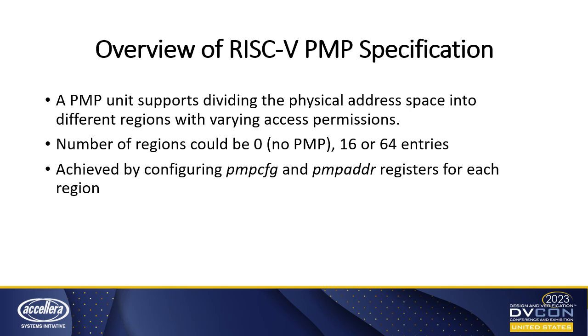Each PMP region is defined by configuring or programming two specific registers corresponding to that PMP region. They are the PMP config register and the PMP address register. We'll look into the details of these two registers in the next slide.